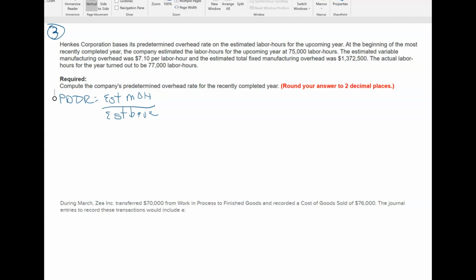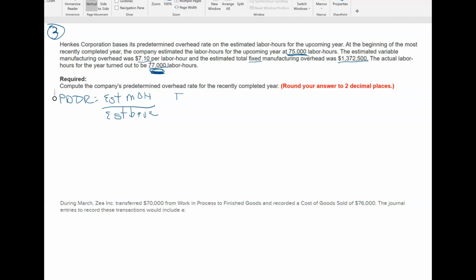In order to get the manufacturing overhead, we're going to have to add a couple of things together. We know the fixed manufacturing overhead right there, and variable is $7.10 per direct labor hour for 75,000 right here. This is for the actual, and we're looking for the estimated, so that is the 75,000 right there.